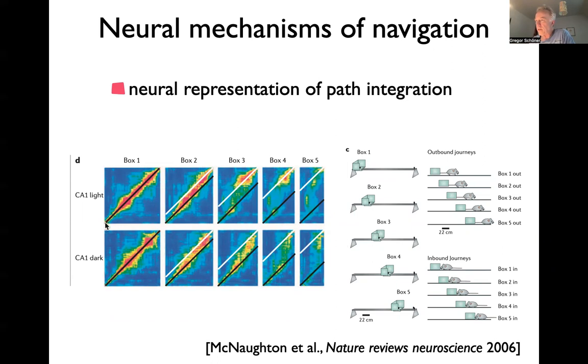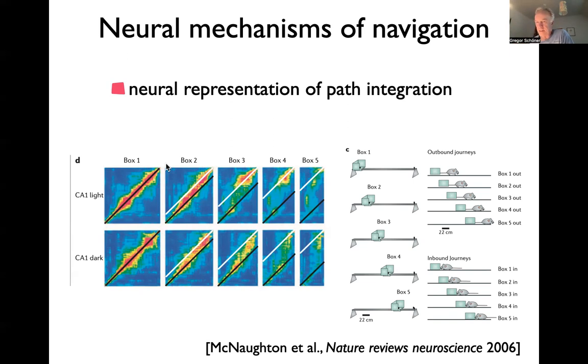This is just a correlation: how well do these two vectors correlate? And then you do that along different positions, and the point of maximum correlation will be the predicted shift between these two vectors. And you can see that that sort of predicts where you are along that path.